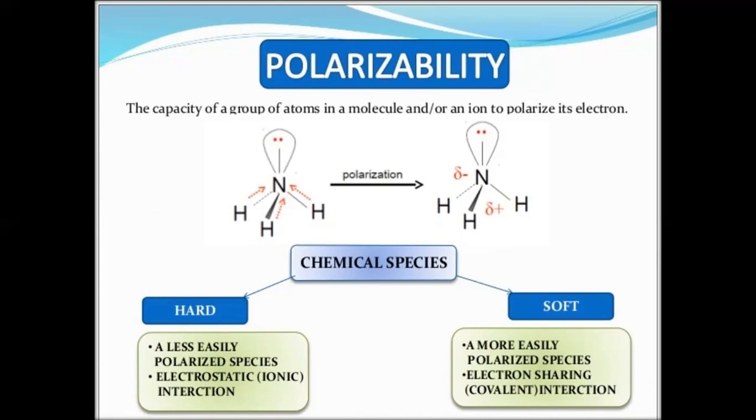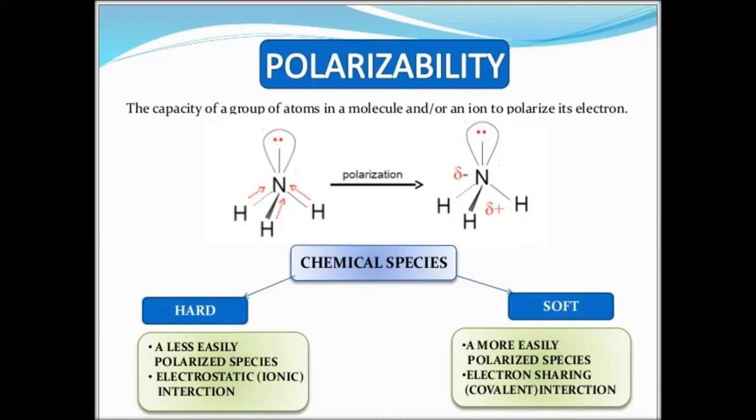Take ammonia as an example. On polarization, nitrogen gets a partial negative charge and hydrogen gets a partial positive charge. Depending on this, chemical species are hard or soft.